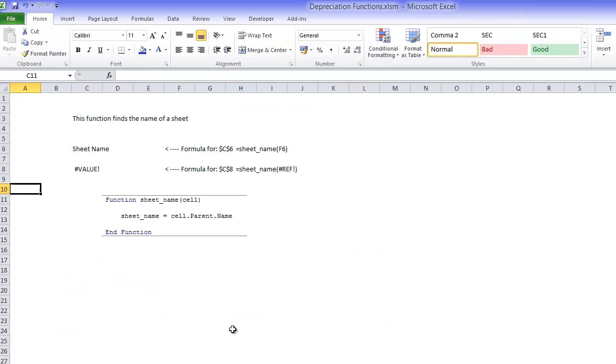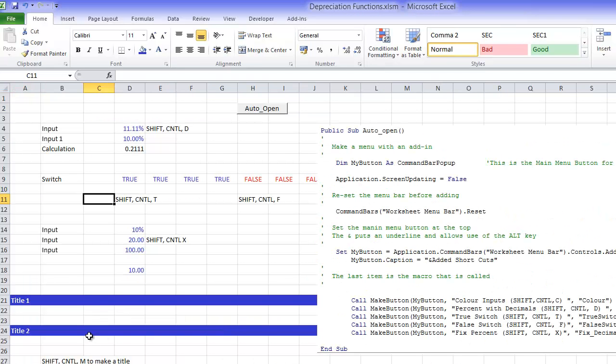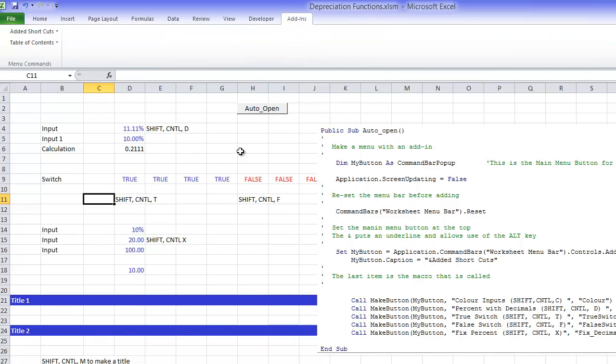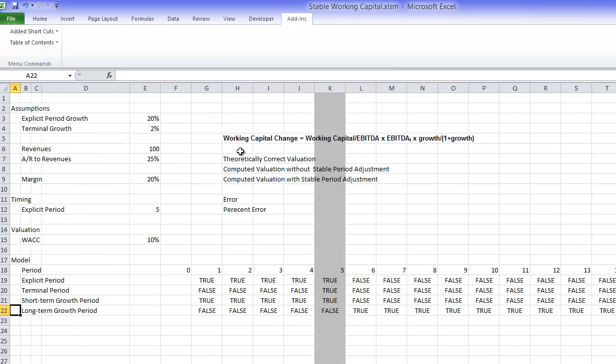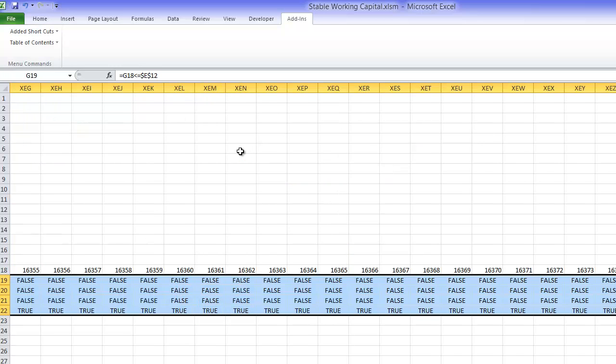That took a long time to find. And I have some shortcuts, and those are in add-ins. As long as you have this file open, then you can do a few things. Shift Control T for the true, shift Control F for the false.